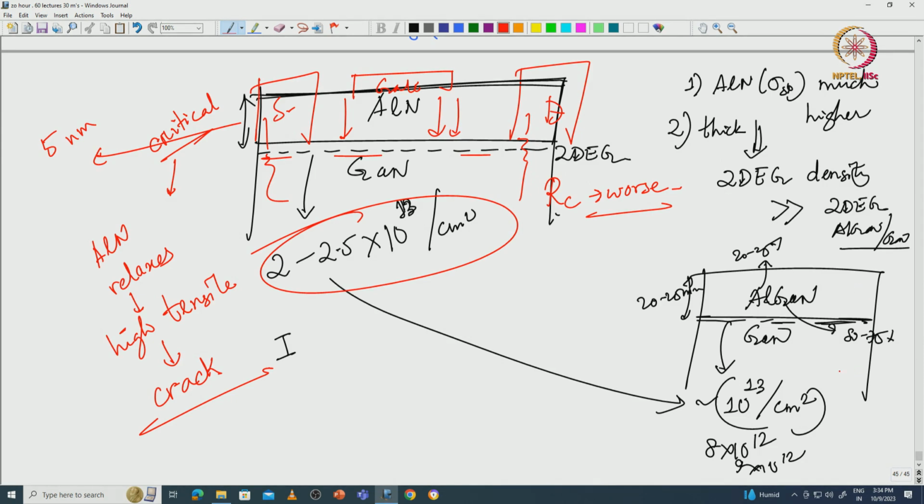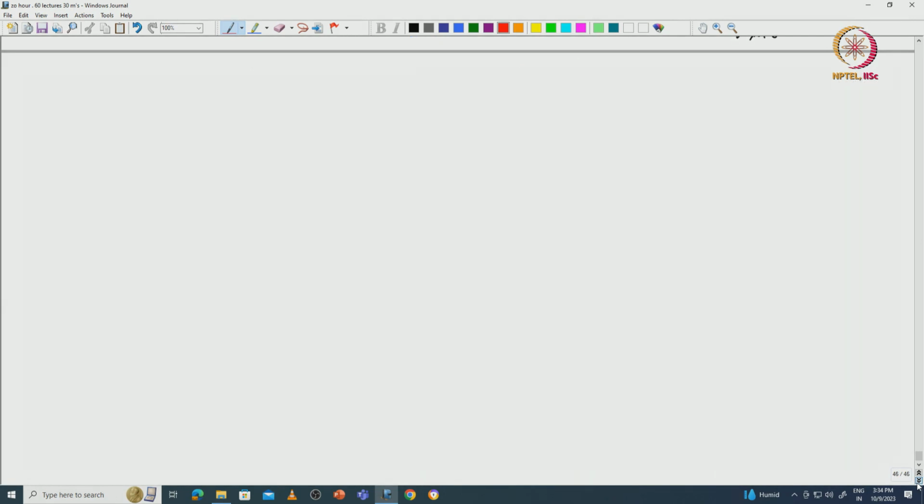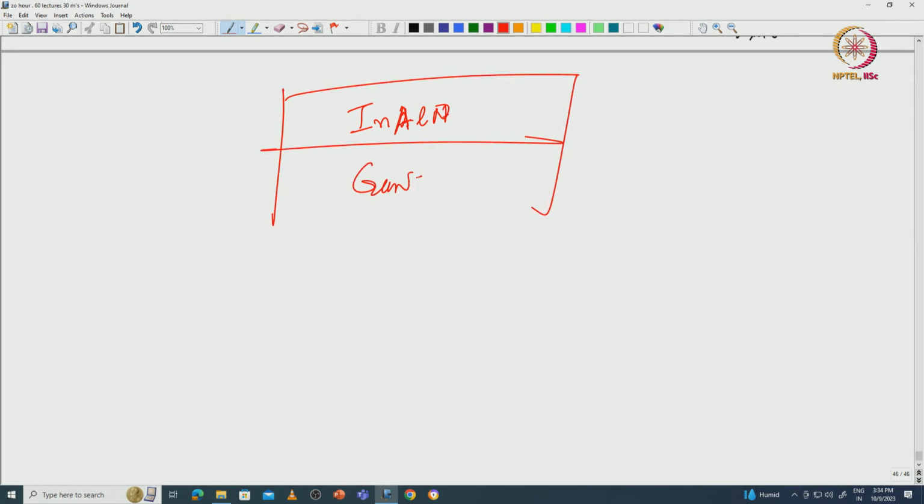Next, this is a common structure that is also widely investigated in the RF transistor literature for gallium nitride based HEMT. And another HEMT structure is indium aluminum nitride barrier on top of gallium nitride substrate, for instance. Now, the beauty of indium aluminum nitride is that its spontaneous polarization can be very high.